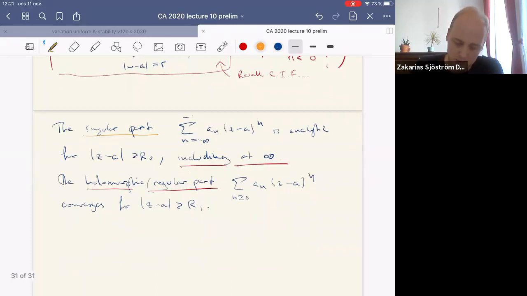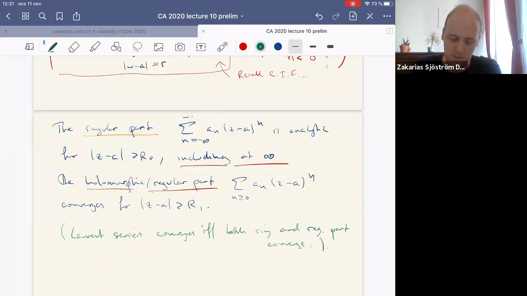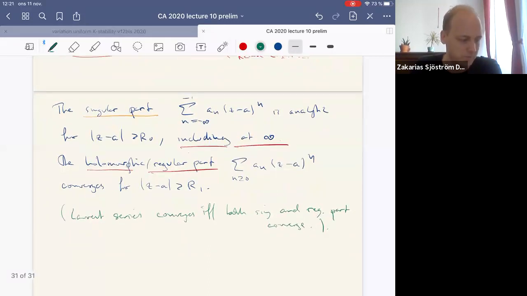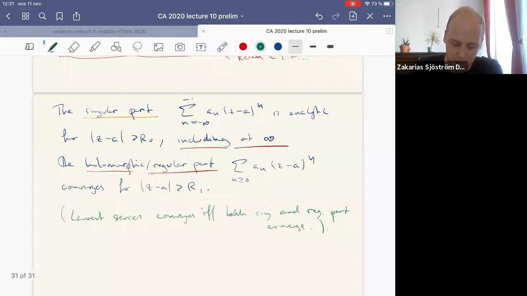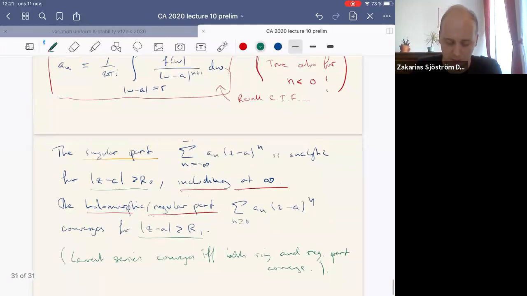Okay, and the definition is, for the full Laurent series to converge means that both the singular and the holomorphic or regular part must converge. This is what we mean by saying that the Laurent series converges. Okay, so then it happens on the intersection of these two sets, which will then be exactly on this annulus.